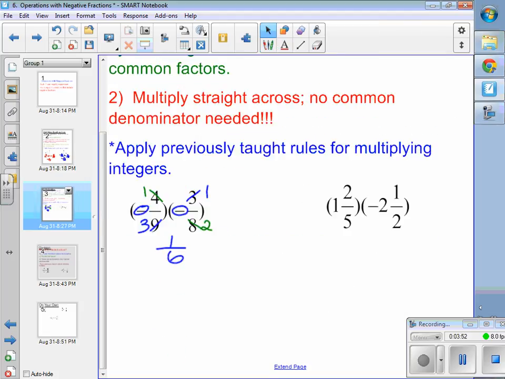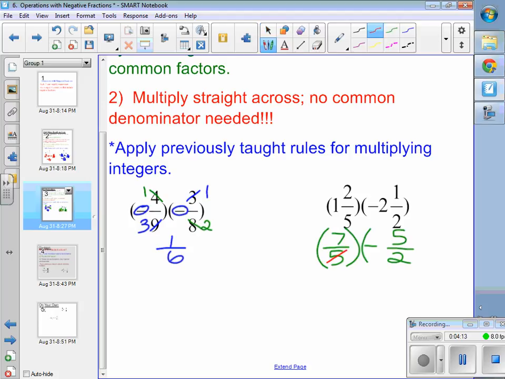Now I've got to make this next problem improper. 1 times 5 plus 2 gives me 7/5, times negative, 2 times 2 plus 1 gives me 5/2. All right. I do my cross canceling, my 5s. So I get a 1 and a 1.